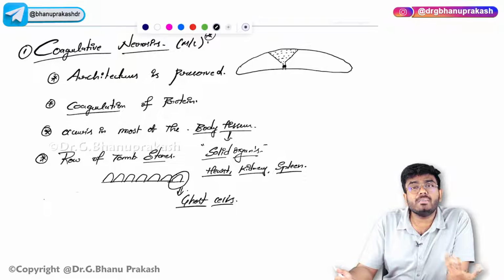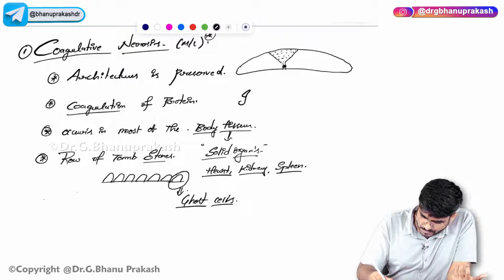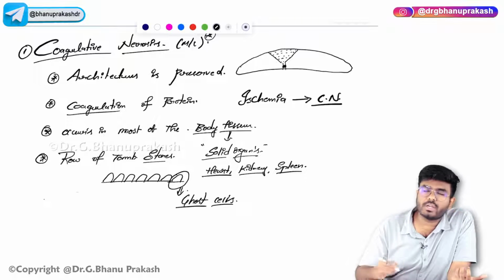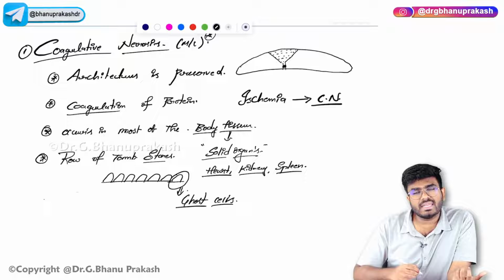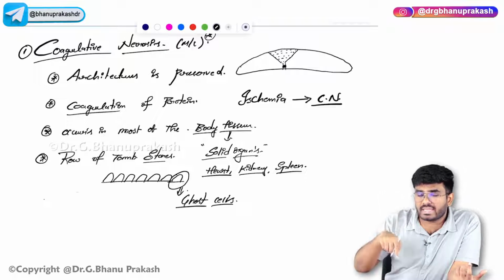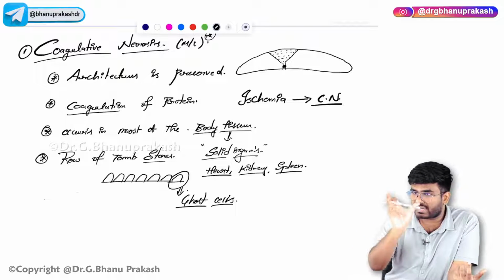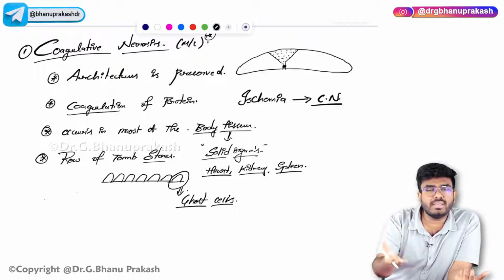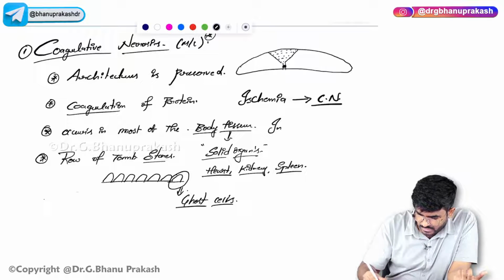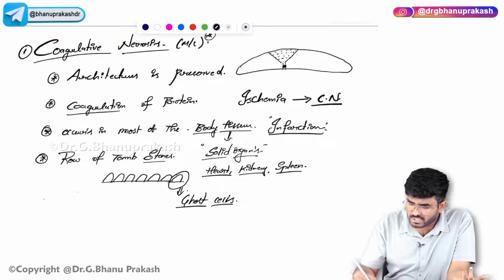So all ischemias will cause coagulative necrosis, mainly coagulative necrosis. And do you know how that area is going to look like? The area is going to have a wedge-shaped infarct. Infarctions, like myocardial infarction, are nothing but coagulative necrosis.